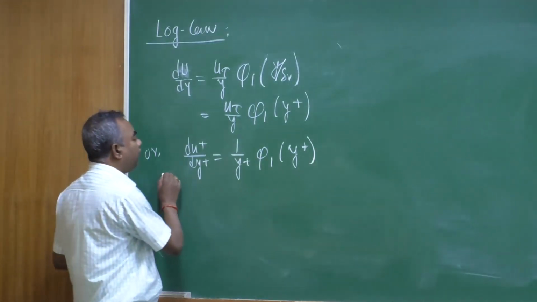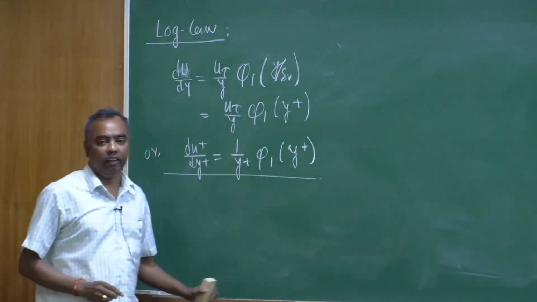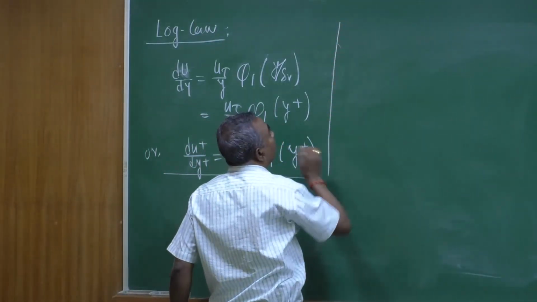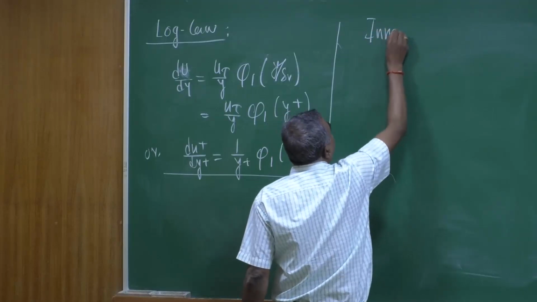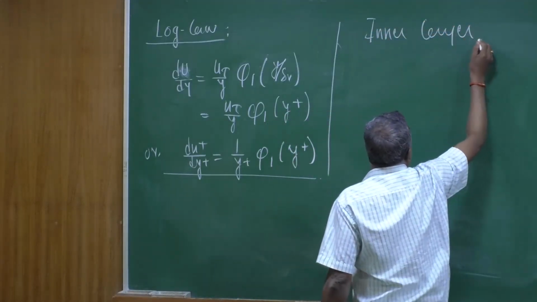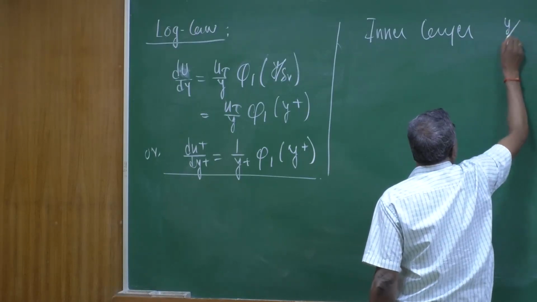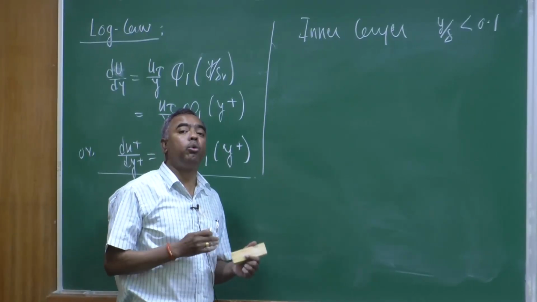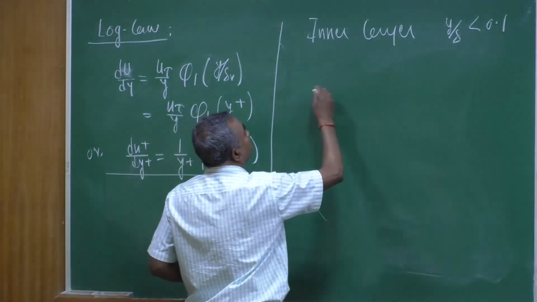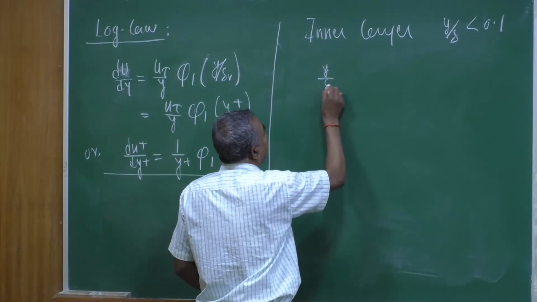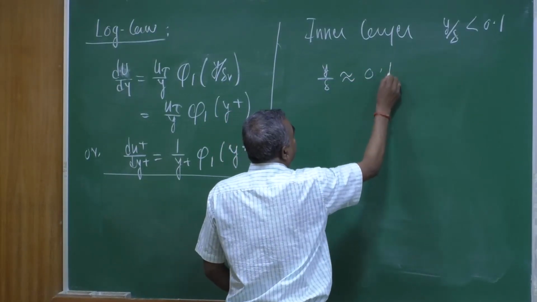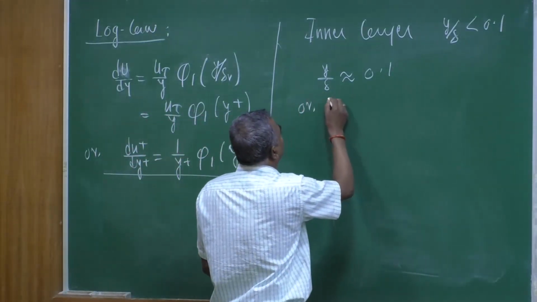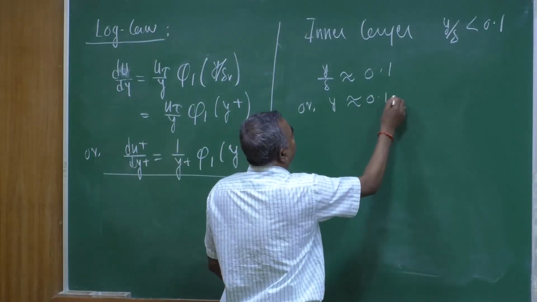Now, consider the outer part of the inner layer. The inner layer extends to y by delta less than 0.1. So, if we consider the outer part of the inner layer, approximately 0.1, then we can write y equals 0.1 delta.